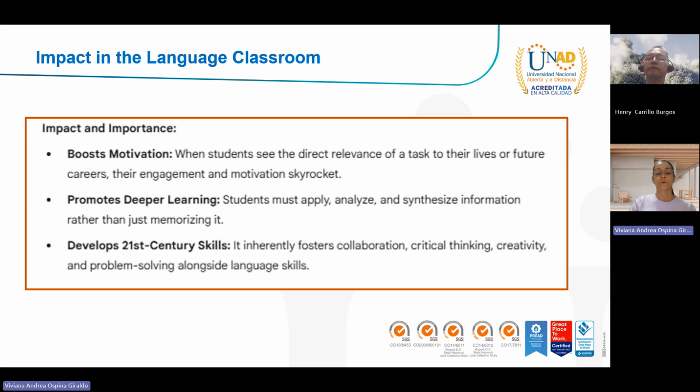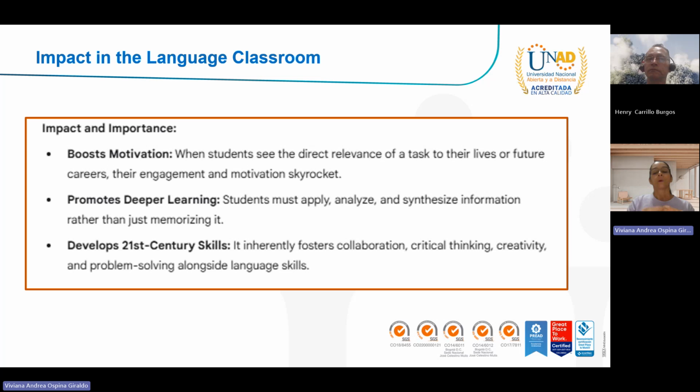When we are going for deeper learning, then we need to create real life situations where the students can be assessed. It develops 21st century skills because it fosters collaborative work, critical thinking, creativity, and problem solving, along with language skills. We are never far away from language skills. We just do it with another approach to be able to have our students use higher order thinking skills.